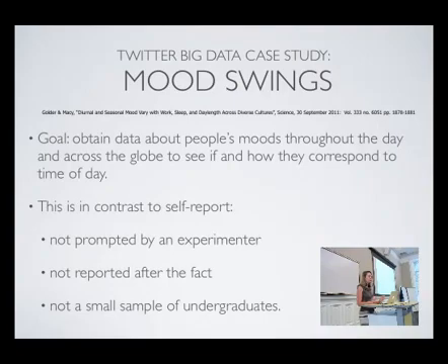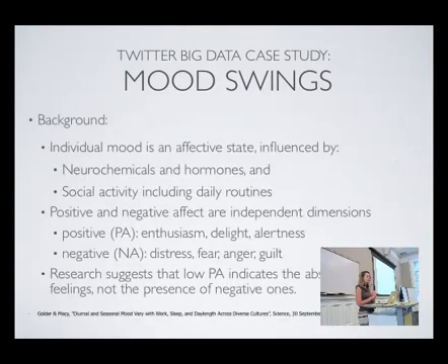And so some of the background is that individual mood is an affective state, so it's a way people feel, and it can be influenced both by neurochemicals and hormones and by social activity, things that happen to someone, including their daily routines, when they sleep, when they're awake. And then there's this notion of both positive and negative affect. The current research suggests that these are independent dimensions.